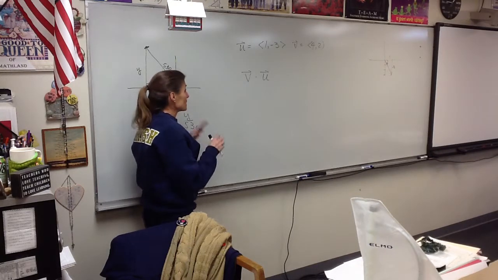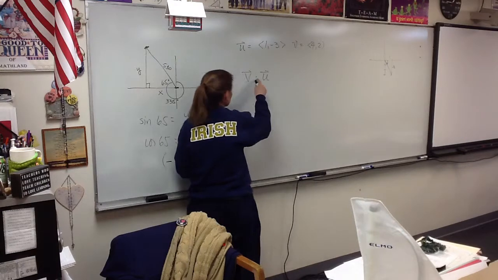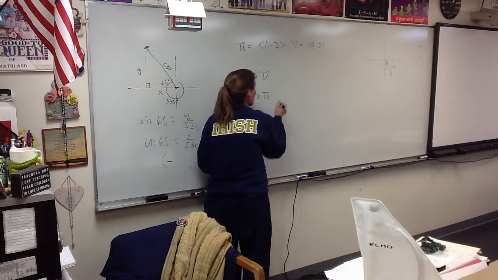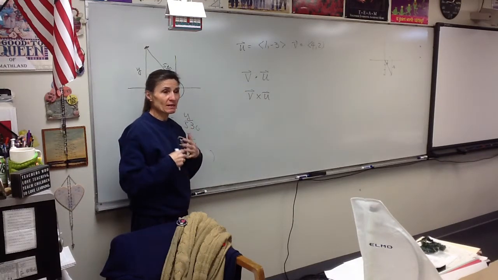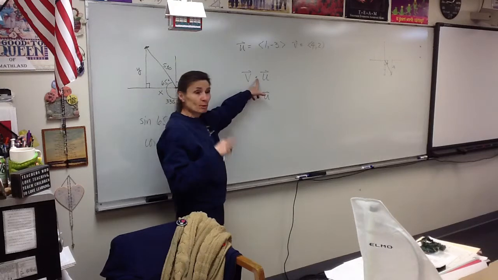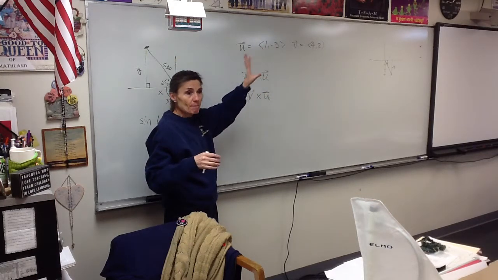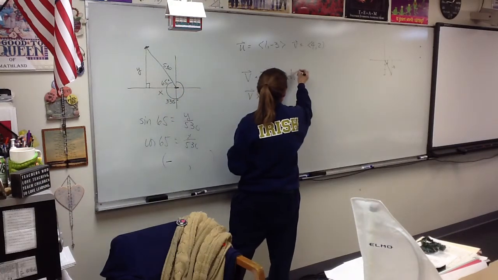Okay, well, in vector land, the symbols dot and cross mean different things. Now, in regular arithmetic, if I want to multiply, I can put a dot or I can put that symbol. They both mean multiply, right? But not in vector land. This is called the dot product.